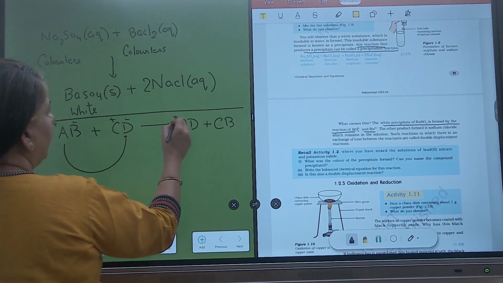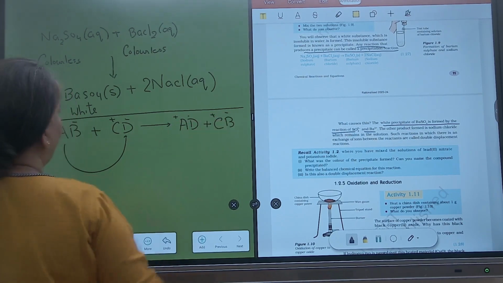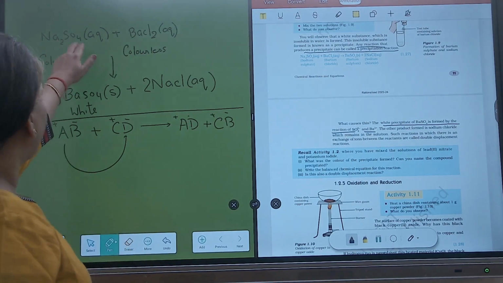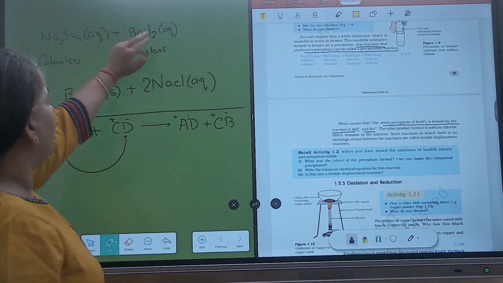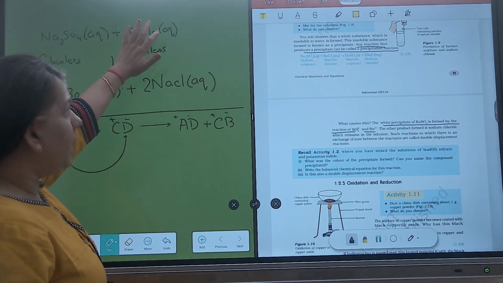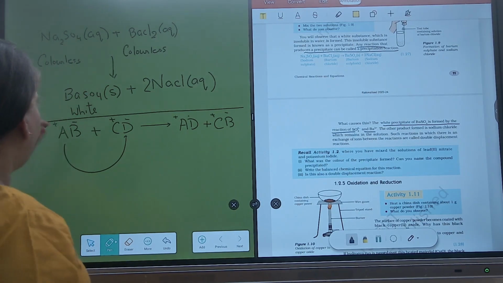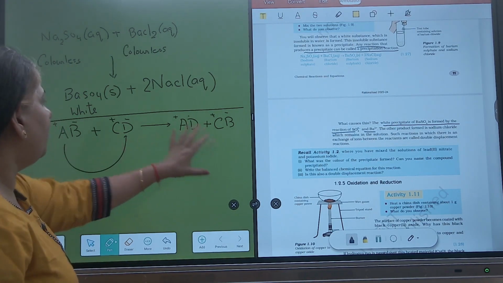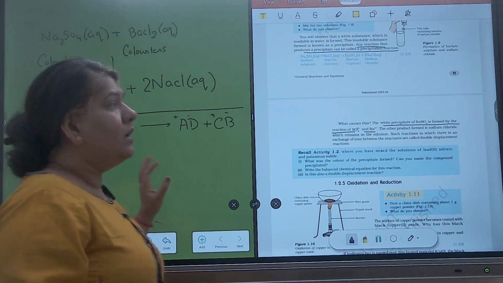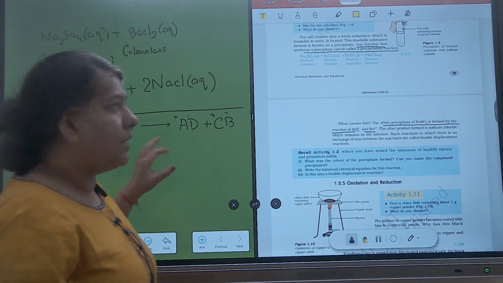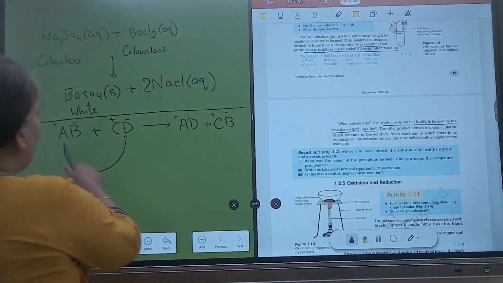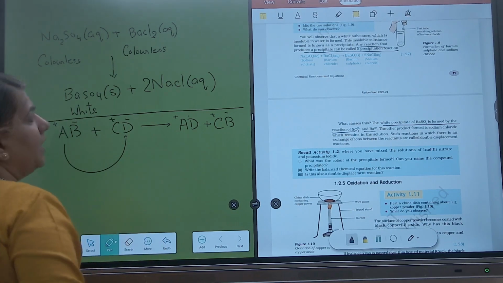So here exchange of ions is taking place. In this reaction particularly, sulfate ions are displacing chloride ions, or we can say chloride ions are displacing sulfate ions. So when you get this form of reaction, you can write this is a double displacement reaction, because exchange of ions is taking place.